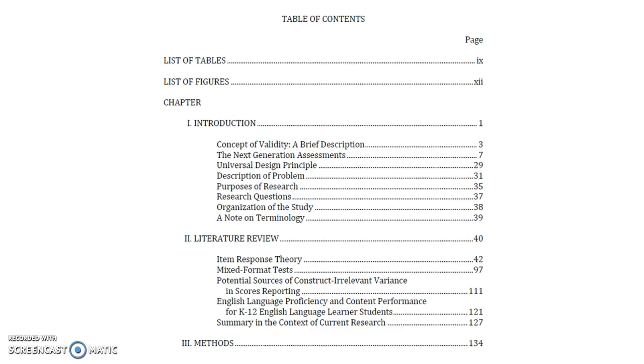So I have here all the concepts from item response theory to English language proficiency and content performance, and at the end, the most important thing is how I summarize all these concepts in the context of my own research for the dissertation. This is just to share. You don't have to do this. There are many ways of writing your chapter 1 and chapter 2, and this is how I did it.